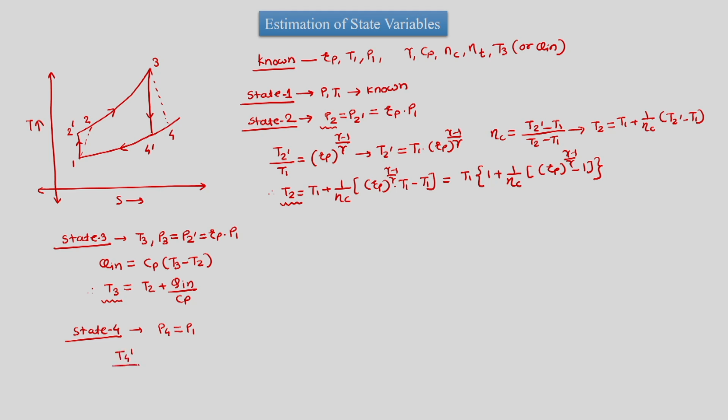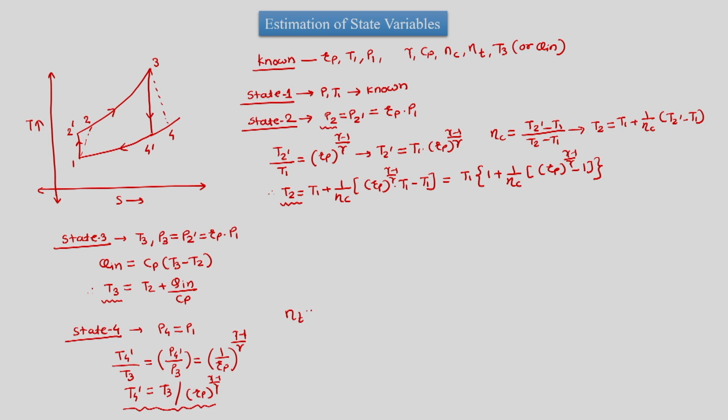First we have to find out T4 dash, and we know T4 dash upon T3 is equal to P4 dash upon P3, which is 1 upon Rp raised to gamma minus 1 upon gamma, and this leads to the fact that T4 dash is equal to T3 upon Rp raised to gamma minus 1 upon gamma. So we know now T4 dash, but we have to find out T4.